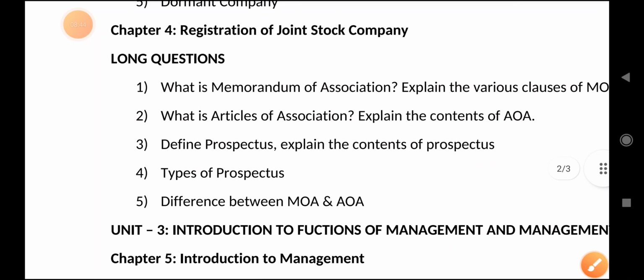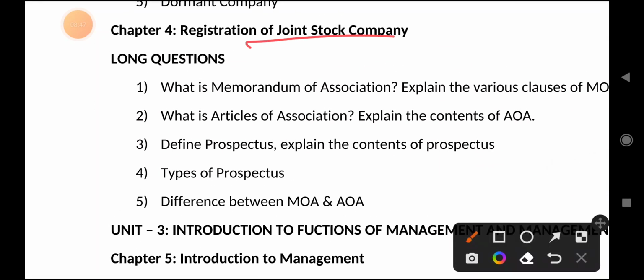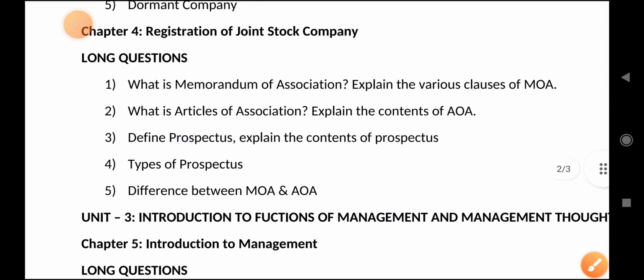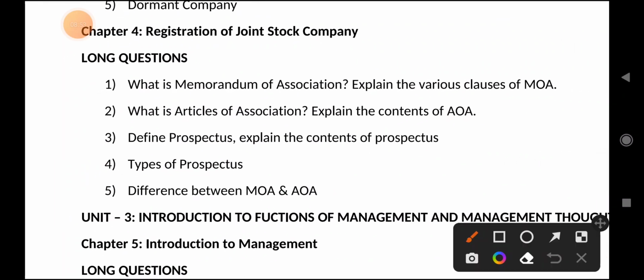Next, registration of joint stock company. Under that, long questions we are discussing. Long questions from joint stock company registration means important documents, public documents, that is memorandum of association and various classes of MOA, that is object clause, registration clause.